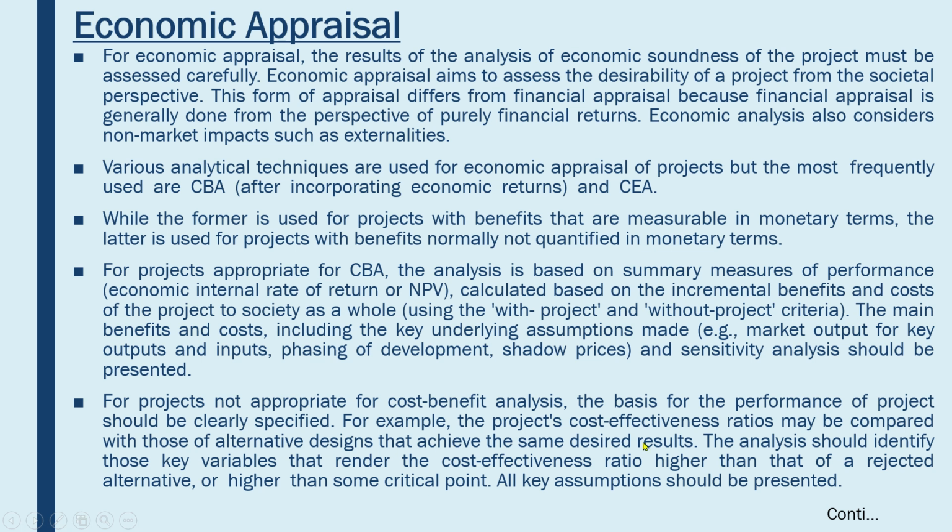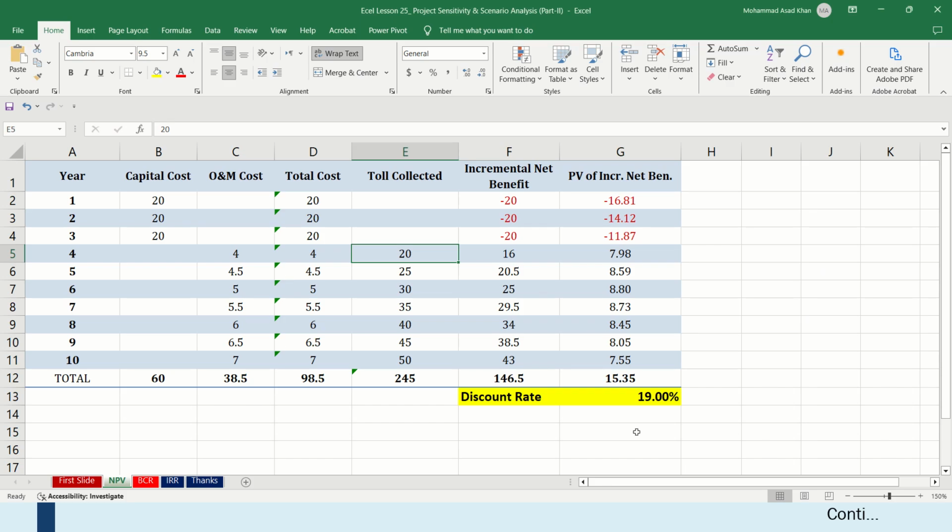For example, the project cost effectiveness ratio may be compared with those of alternative designs that achieve the same desired results. The analysis should identify those key variables that render the cost effectiveness ratio higher than the rate of rejected alternatives. So you can compare the alternate projects with this. With 2 or 3 projects, you can compare them by having 3 values with you.